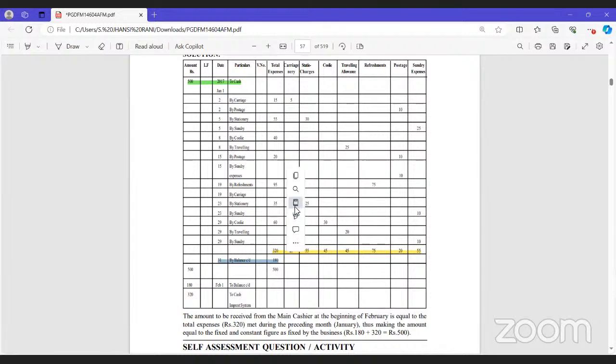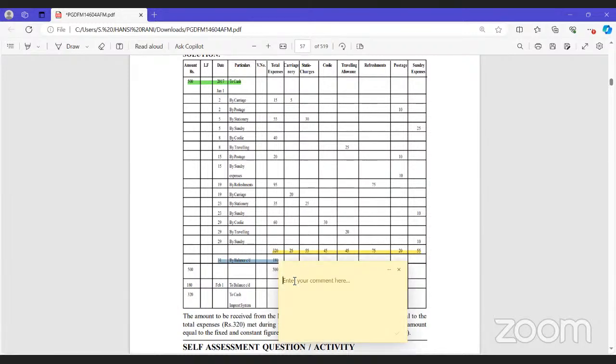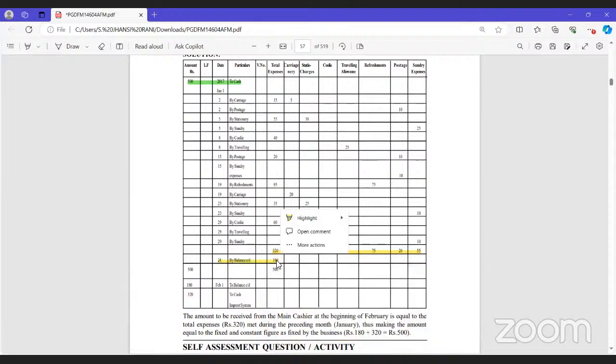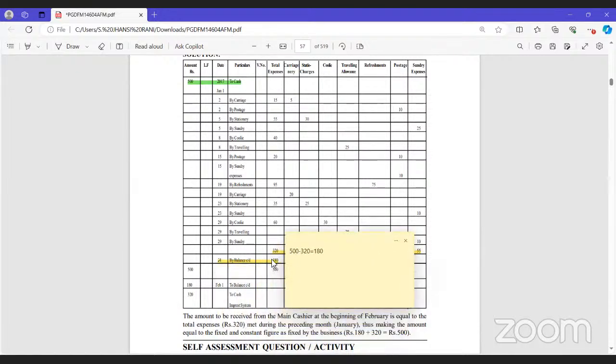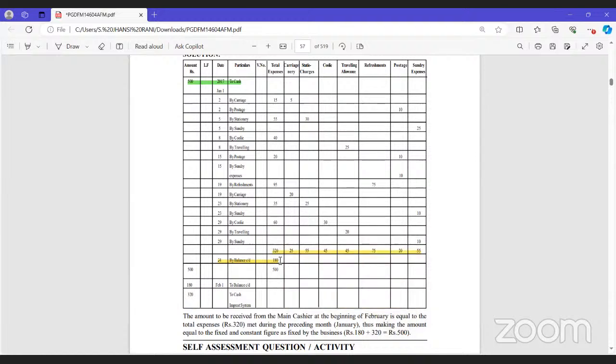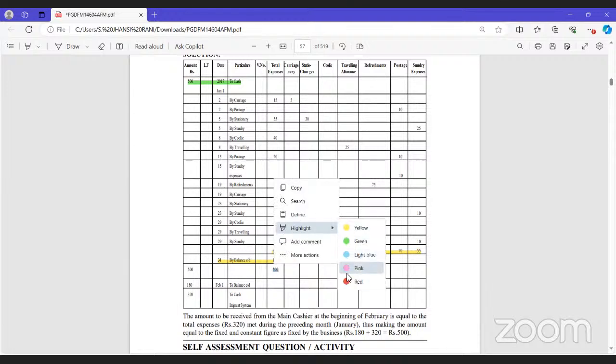By the difference between the 500 we received, minus the 320 of expenditure. 500 minus 320 gives 180. Now the total will again be 320 plus 180, which is 500.